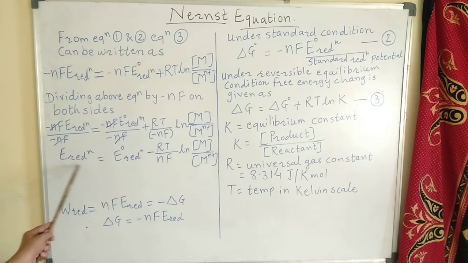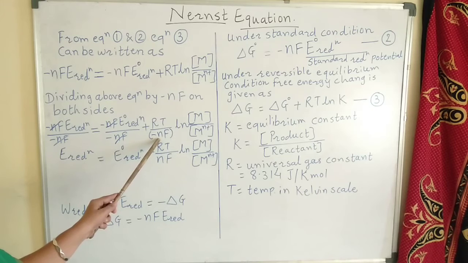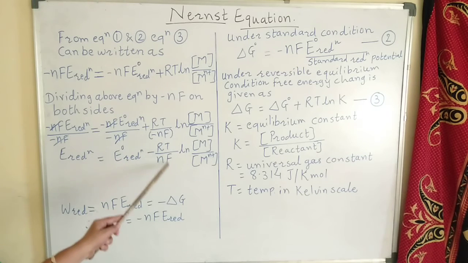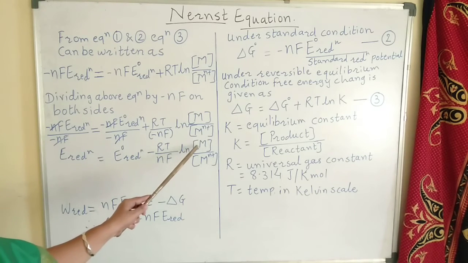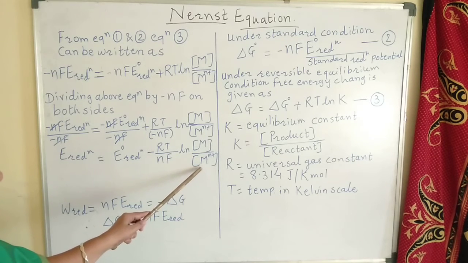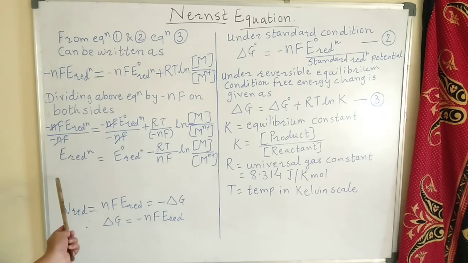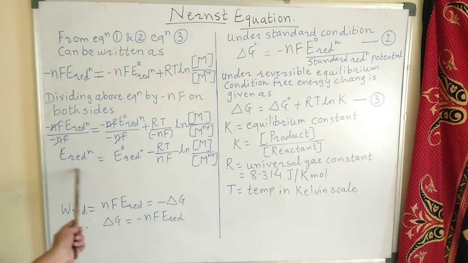So E reduction is equal to E naught reduction plus RT upon minus nF, so it becomes minus RT upon nF ln of concentration of M upon concentration of Mn+. In this way, we can write this equation 3 in the form of reduction reaction.